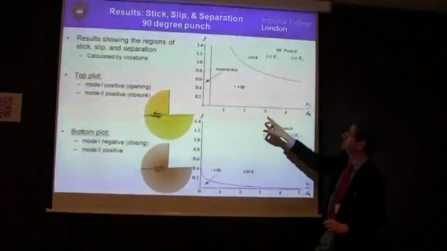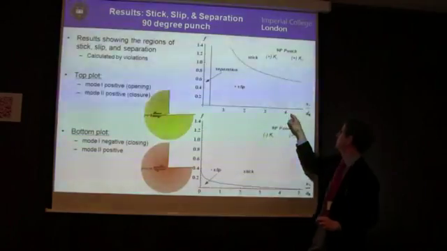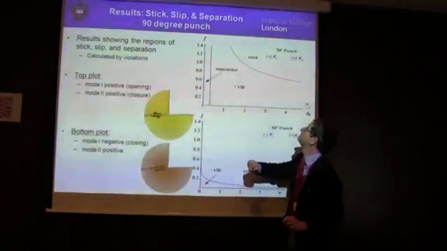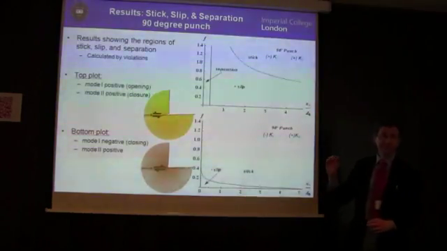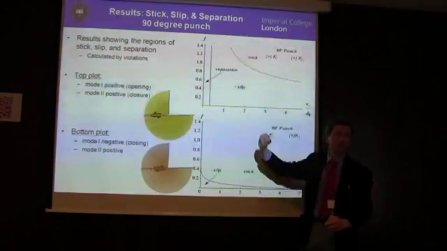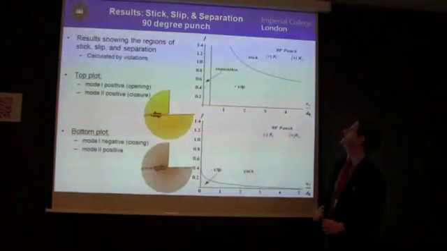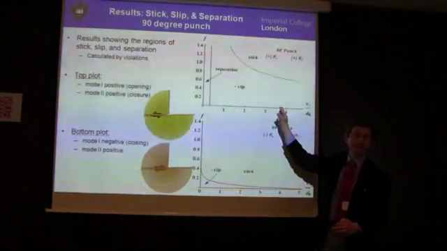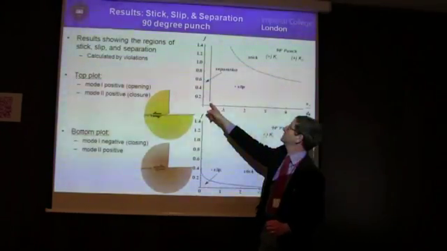So this again is distance from the corner, normalised with respect to this number. And this is the coefficient of friction. And you can see that in this case, for all practical kinds of values of coefficient of friction, you're going to get slip. You need an exceptionally high one to get any stick at all, and that's what it looks like. And at the corner, you've got separation.